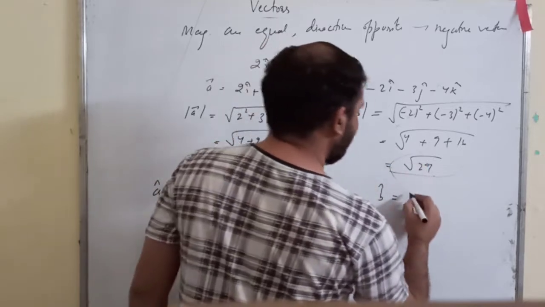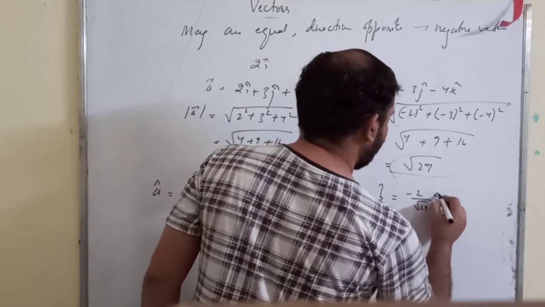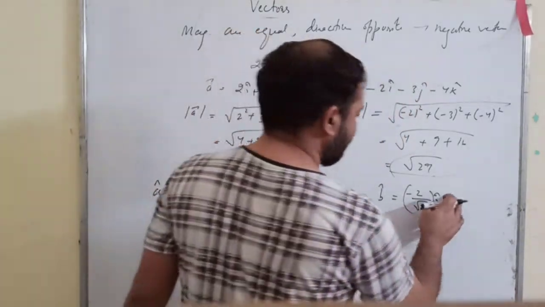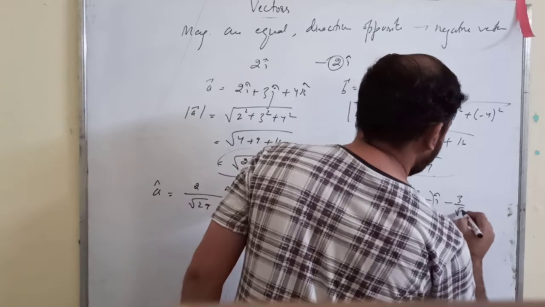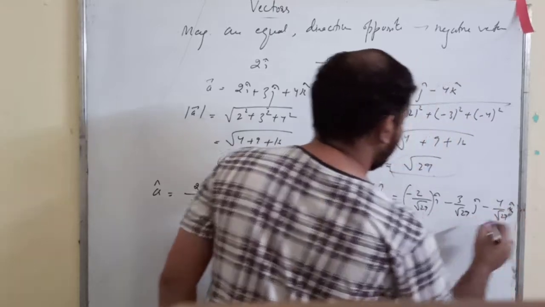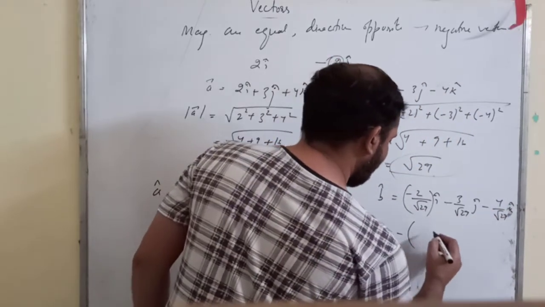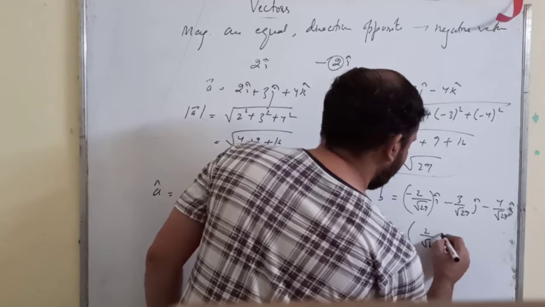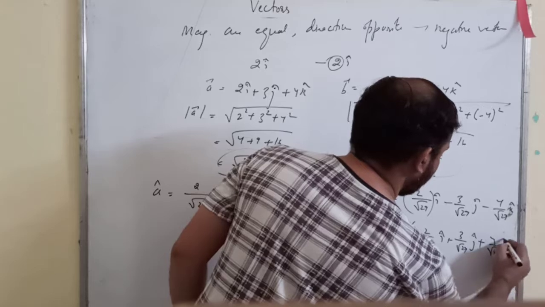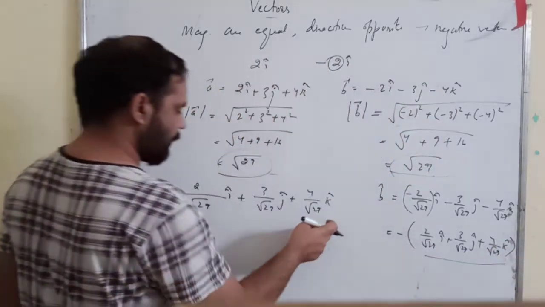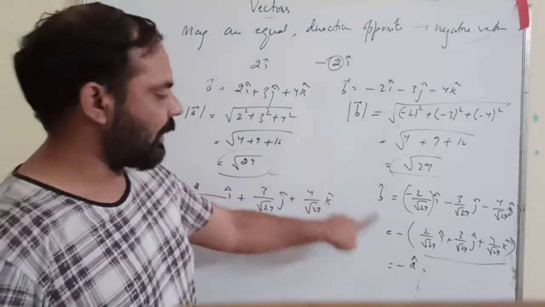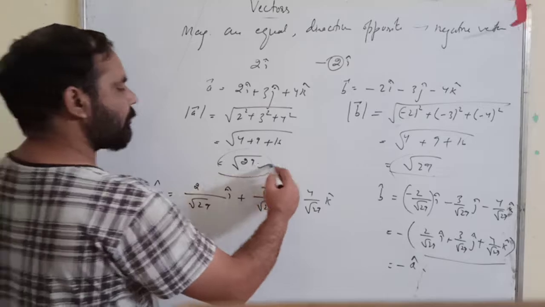B cap will be minus 2 upon under root 29 i cap minus 3 upon under root 29 j cap minus 4 upon under root 29 k cap. If you take minus common, then you get 2 upon under root 29 i cap plus 3 upon under root 29 j cap plus 4 upon under root 29 k cap. What was this? This was nothing but A cap. So what you are getting? Minus A cap. So directions are just opposite, but the magnitudes are the same.